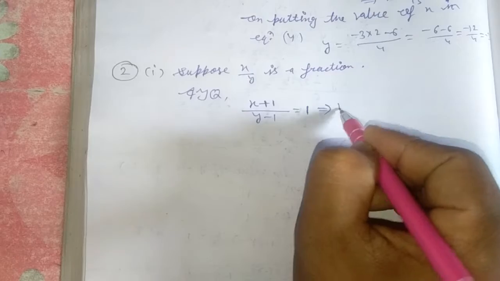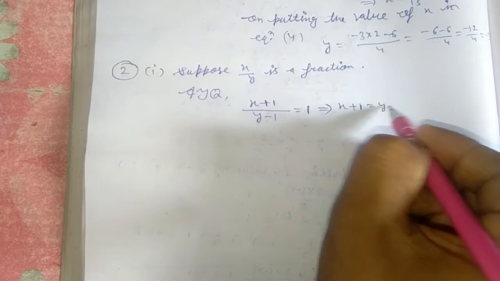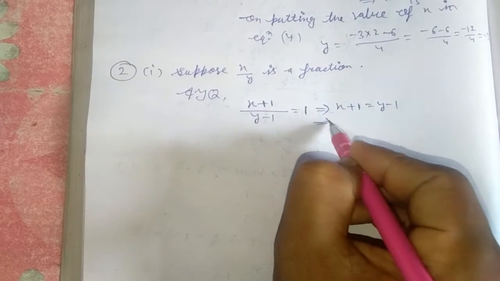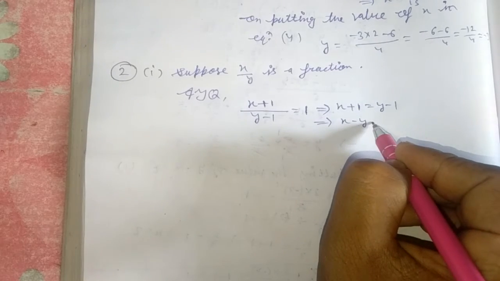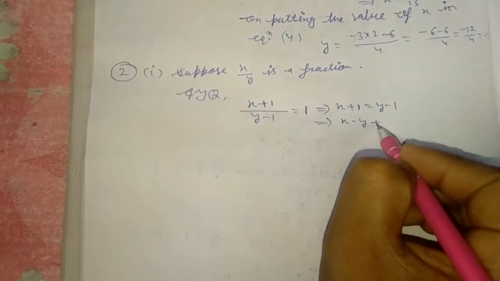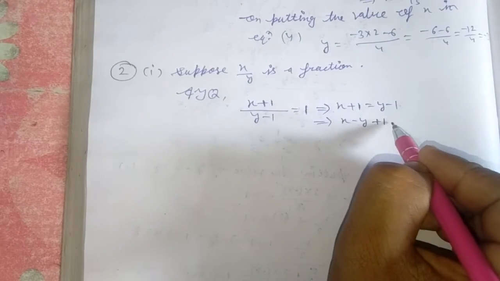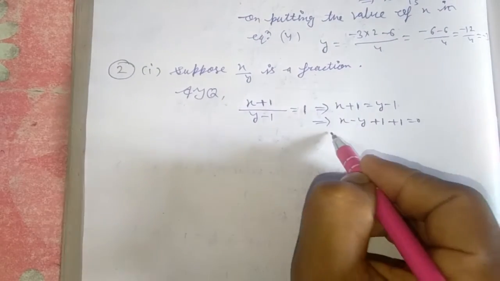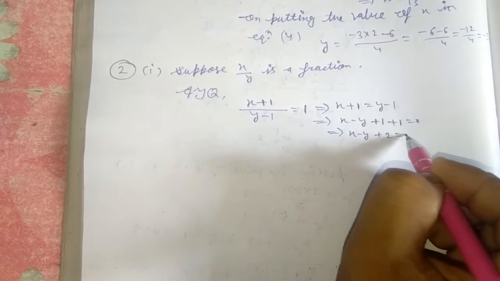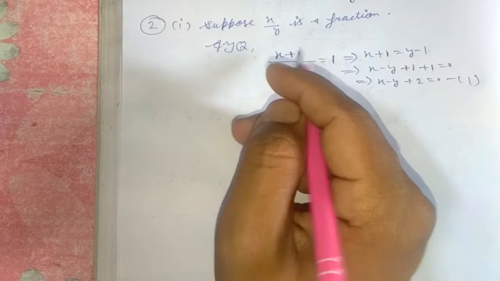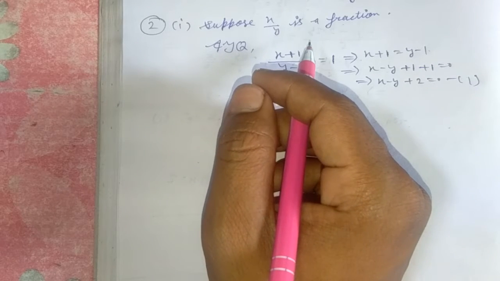You will get x plus 1 equals y minus 1. This implies x minus y plus 1 plus 1 is equal to 0, meaning x minus y plus 2 is equal to 0. Equation number 1.